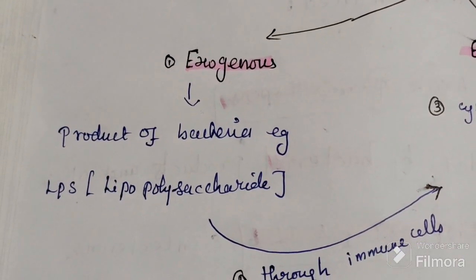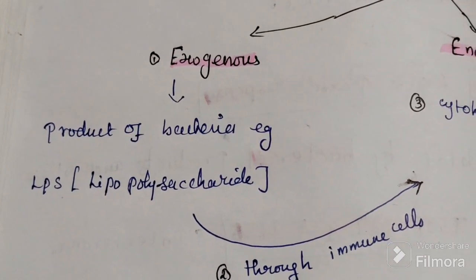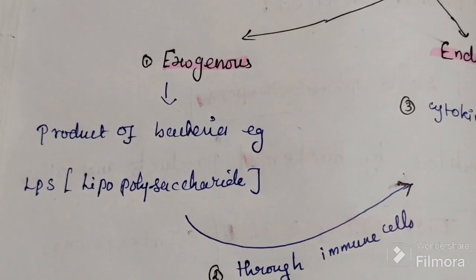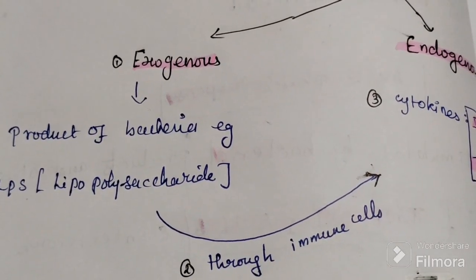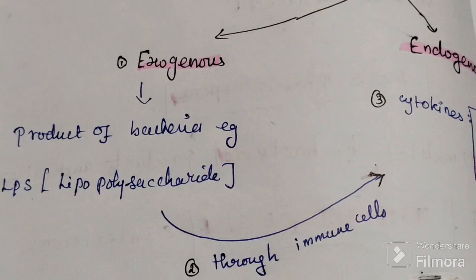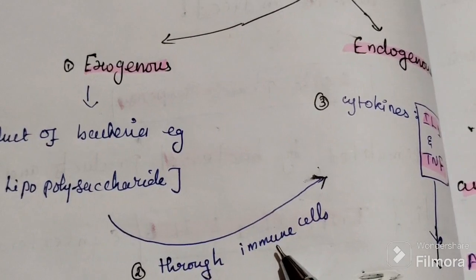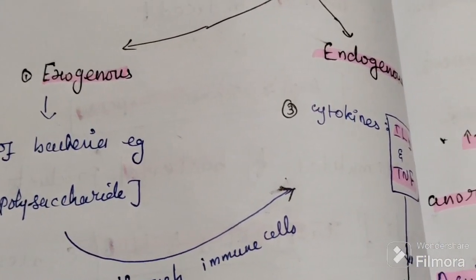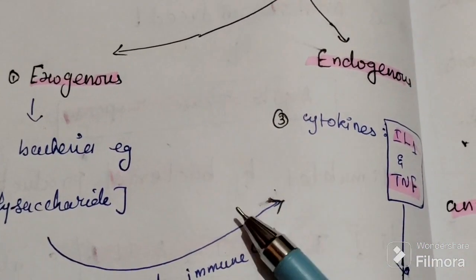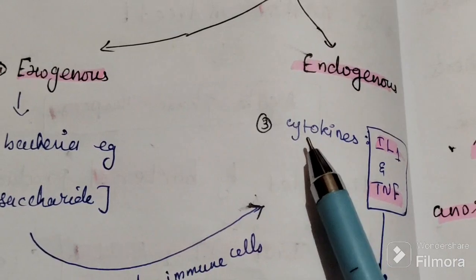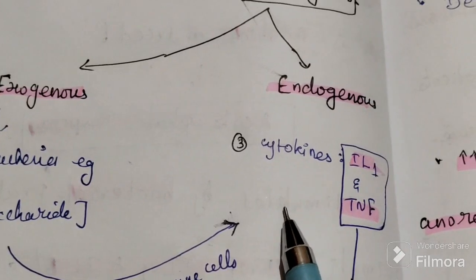Exogenous pyrogens are basically products of bacteria, that is lipopolysaccharide. This bacterial product, through the immune cells, helps in the release of endogenous pyrogens, which are cytokines.